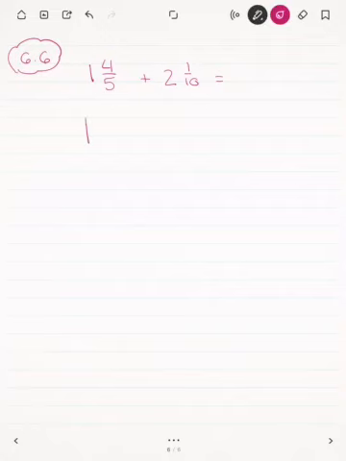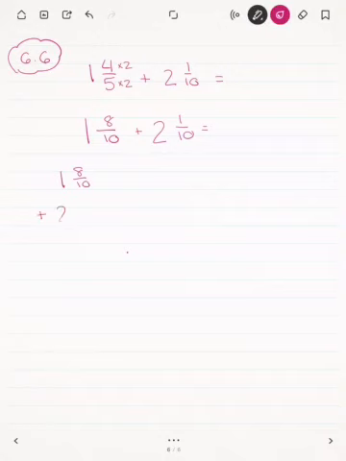Okay, so my 1 stays the same, and I'm going to make my denominator 10, and I have to multiply 5 by 2 in order to get 10, which means I multiply my numerator by 2. 4 times 2 is 8, and then I'm going to leave this second fraction the same because now they have common denominators. You can leave it written this way, side by side, or if you see it better, you can write it going top to bottom. Either way, whatever way visually works for you.